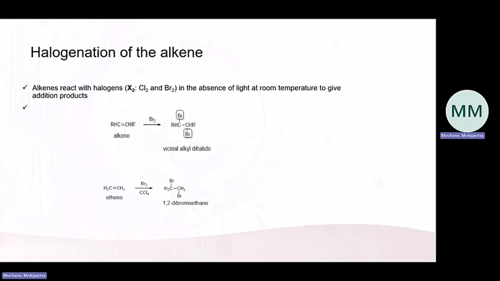Halogenation of the alkene actually is giving us an alkyl dihalide, meaning that in your product you'll have two halogens. The presence of two halogens in your product says that we're forming an alkyl di-halide.